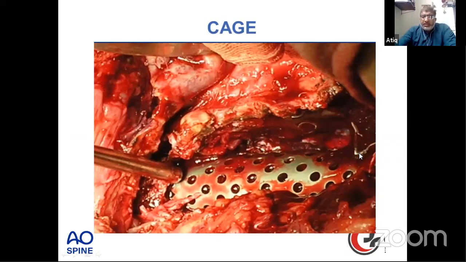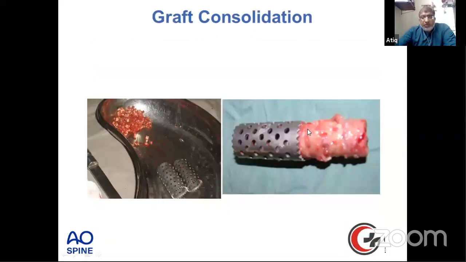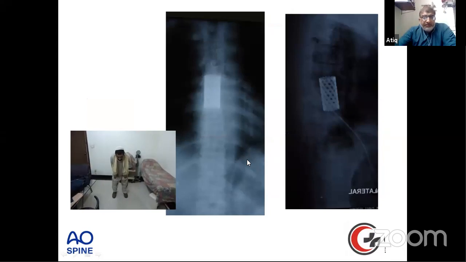This is the lower end and this is the upper end at the anterior two-thirds of the vertebral bodies. And usually this bone consolidates and unites at the proximal and distal ends of the bone if it has been pressurized properly.